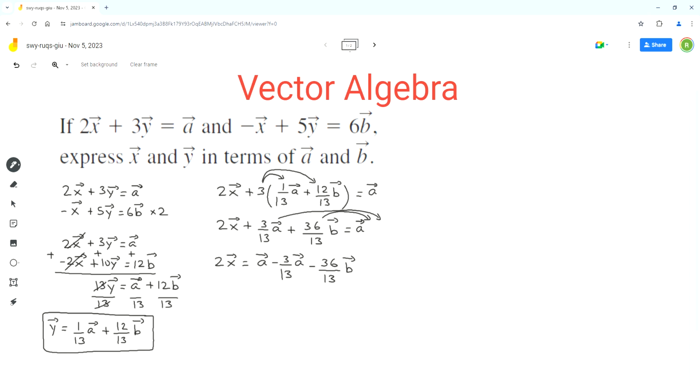Now we can combine the vector a terms. Now the coefficient of vector a is 1, and 1 can also be written as 1 over 1.